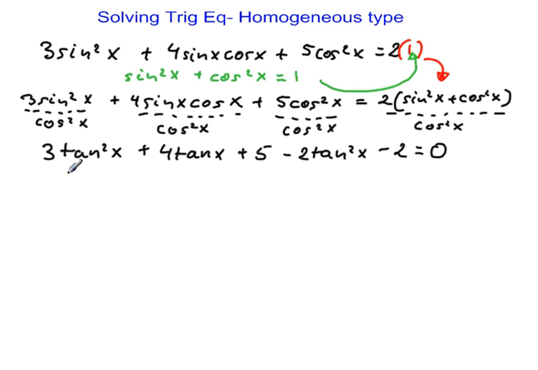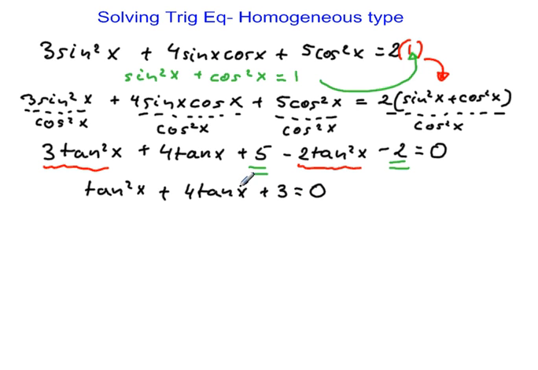Okay, now, combining like terms, tan squared, that's one group, and then we have 5 and negative 2. So in total we will have tan squared x plus 4 tan x plus 3 equals 0.